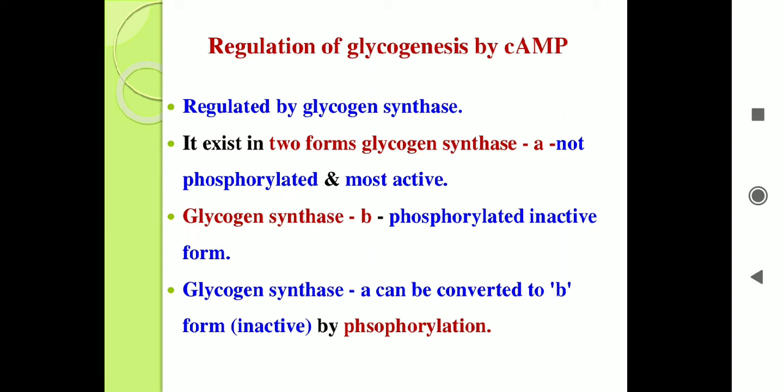This is regulated by the glycogen synthase enzyme, which exists in two forms. Glycogen synthase a is not phosphorylated and is most active. The second one is the phosphorylated inactive form, meaning an active form and an inactive form. The first one can be converted to the second form by the phosphorylation process.